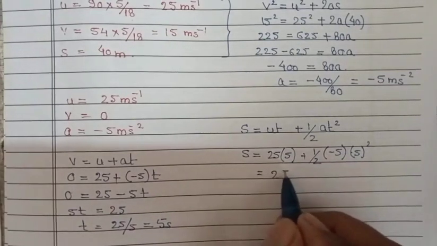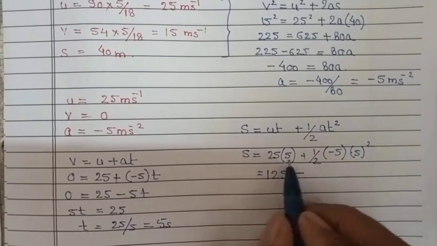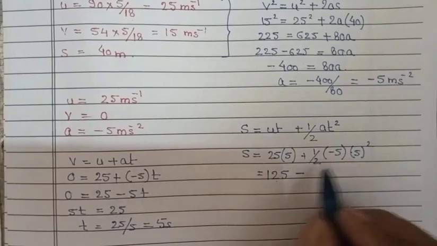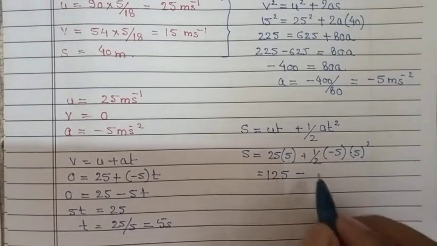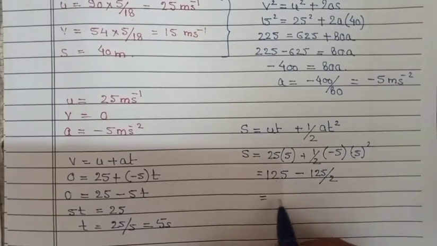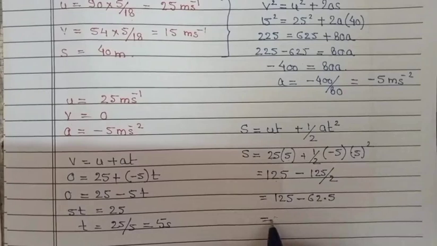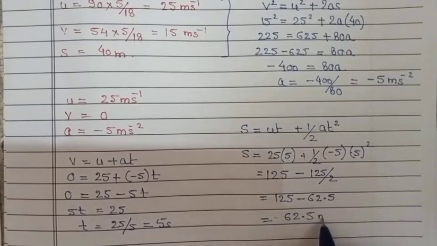So you will get 25 into 5, 125, minus 25 into 5 square upon 2, so we will be getting the result 125 minus 62.5. If you subtract this, you are getting 62.5 meter. So this will be the distance traveled. Hope this is clear to you now.